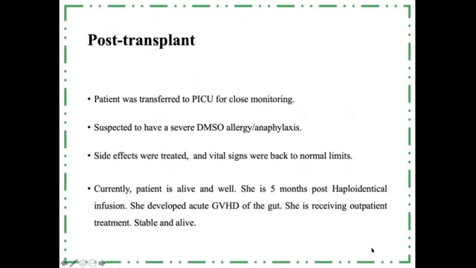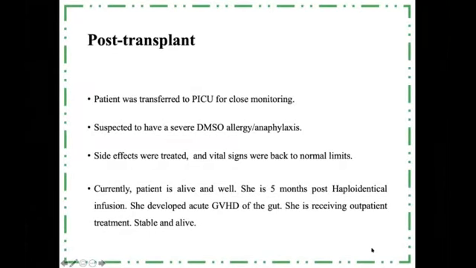So as we said, the patient was transferred to PICU for close monitoring, and she was suspected to have a severe DMSO allergy or anaphylaxis. Of course, the side effects were treated and the vital signs were back to normal limits. So they decided for her to have another, fresh bone marrow transplantation from her haplo-identical brother.